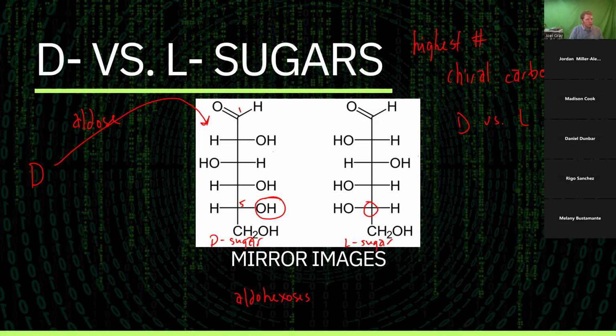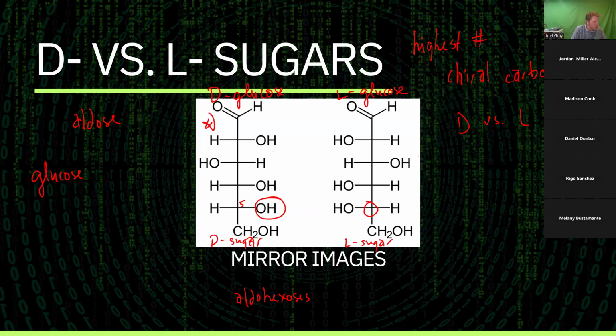Now, I want you to look at these linear forms of these sugars and say, all right, to identify glucose, both of these are glucose. This is L-glucose, and this is D-glucose. Both of these are glucose molecules.